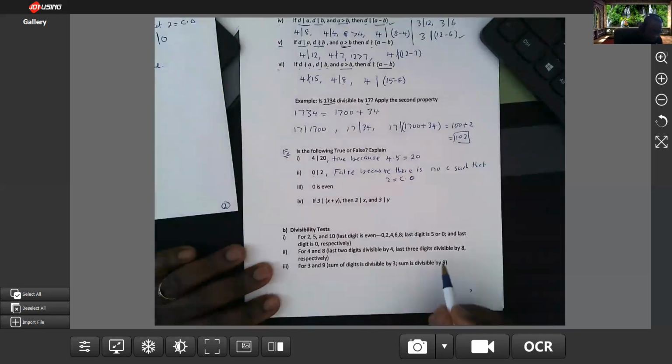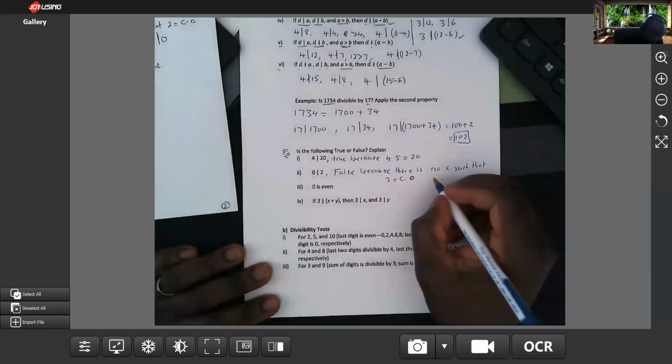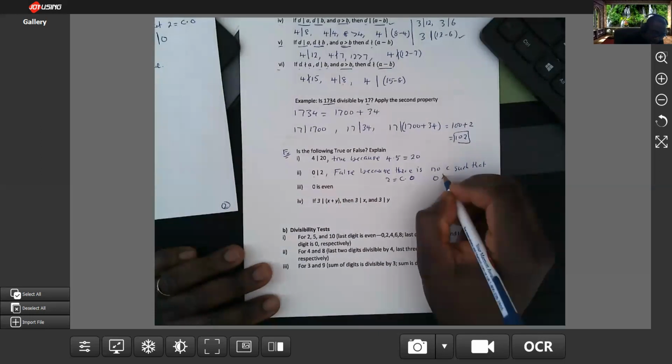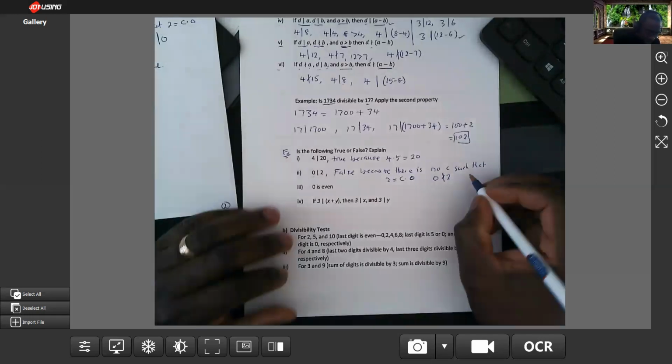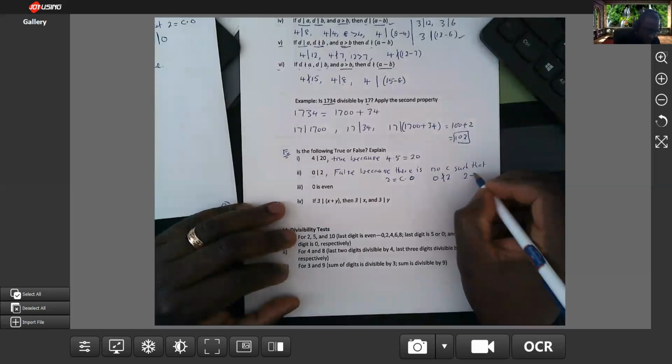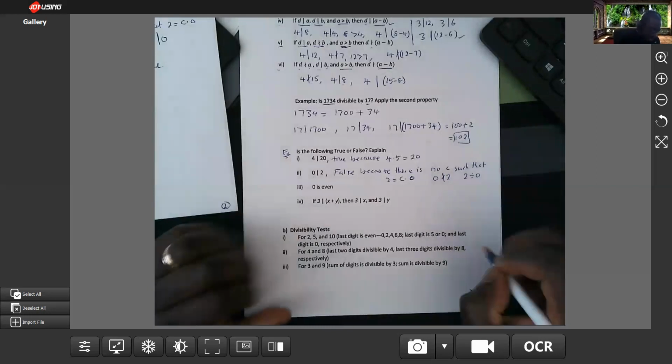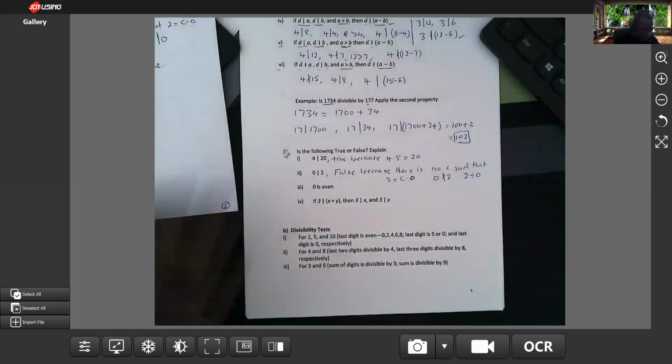Because of that reason, 0 doesn't divide any number. Remember, in section 3.5, we said that it's like writing 2 divided by 0, which is undefined. That is why this is false.